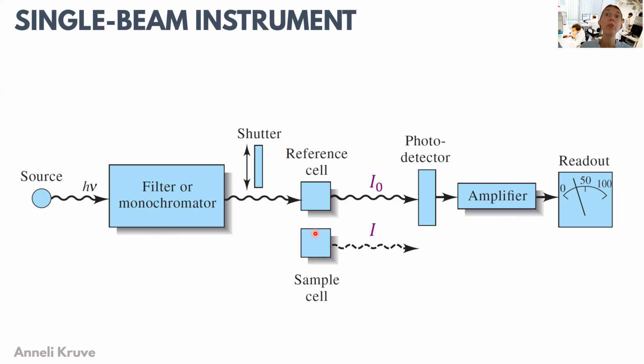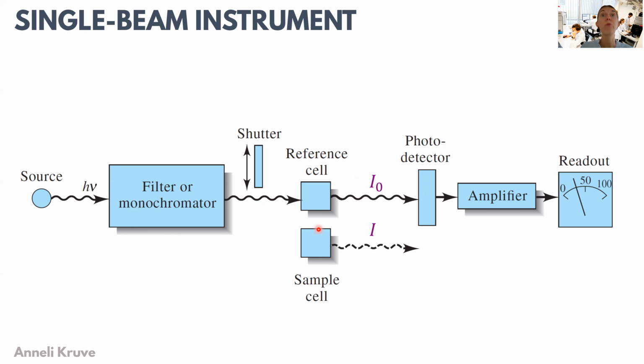And essentially what we do is that we just first measure the light intensity when the reference cell, so the cuvette with the blank, is on the optical path. So this is the optical path coming from the source through the monochromator, through the cuvette to the detector. And then we measure the I0, so the intensity of the light once there aren't any analyte molecules.